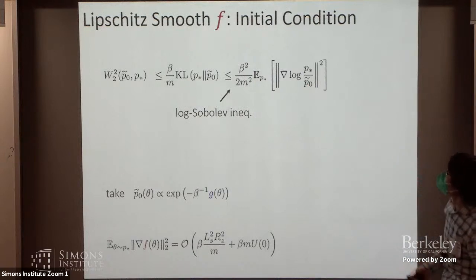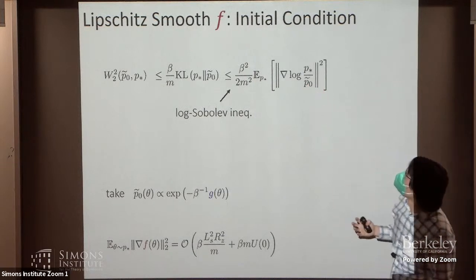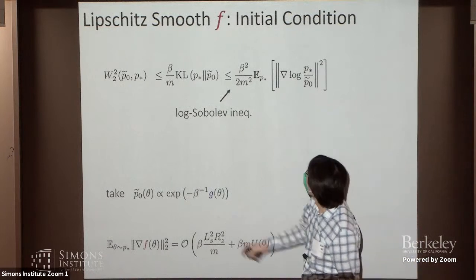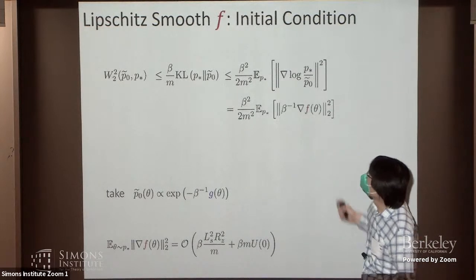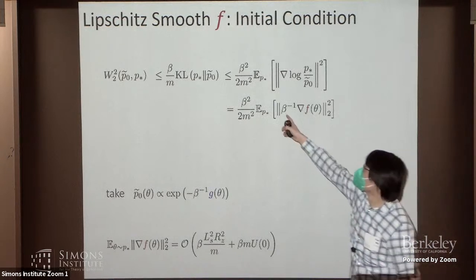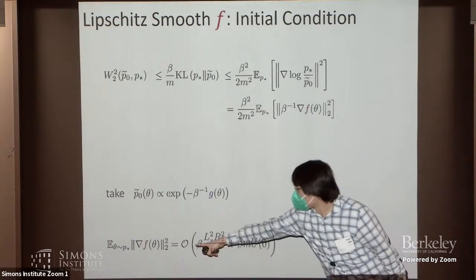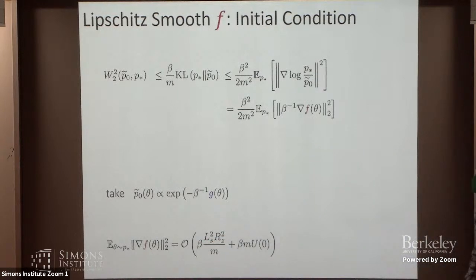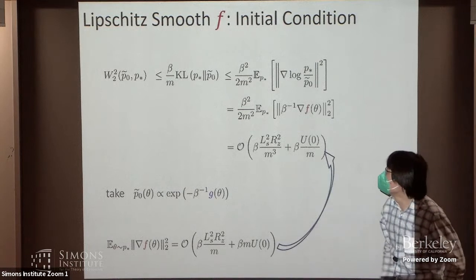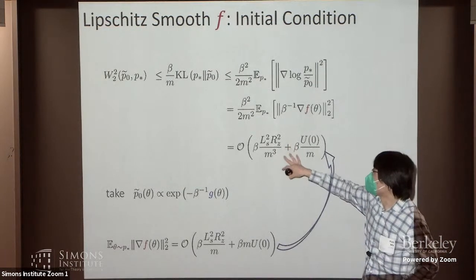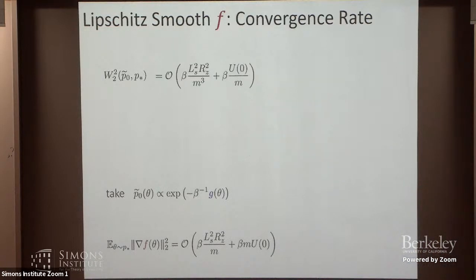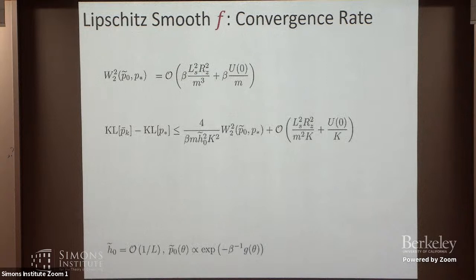Because P star contains G and F, and P tilde theta contains G, the difference only contains the gradient of F. Canceling all those beta terms, we see that this directly falls back into our bound at the stationary distribution. So this directly implies a bound on the initial condition: L squared R squared over M cubed.